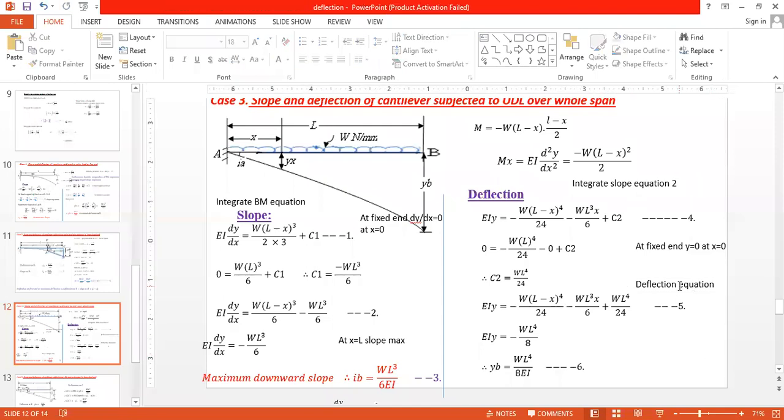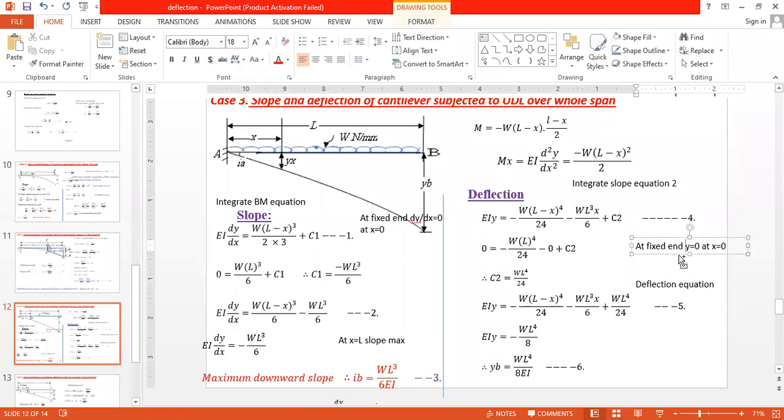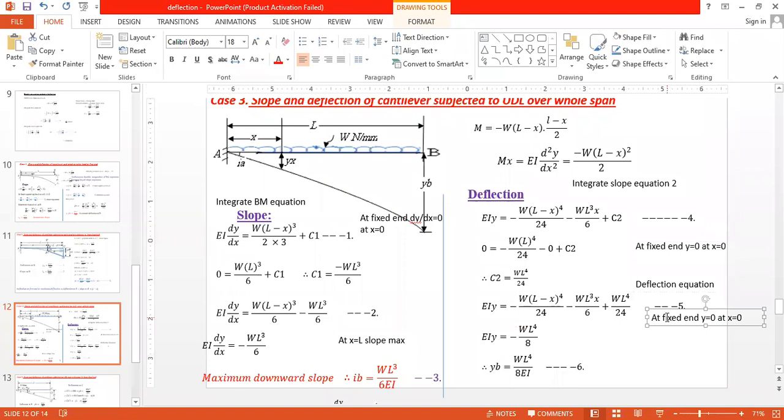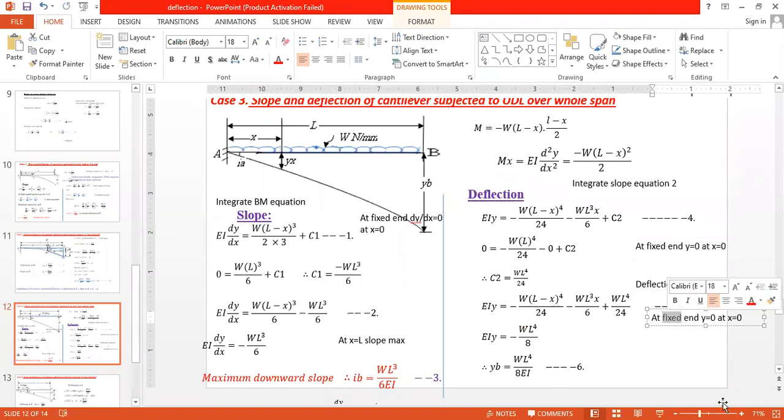Now after finding the deflection equation, you have to find the maximum deflection. For maximum deflection, you will get the maximum deflection at the free end, y is equal to the maximum deflection, or yB.